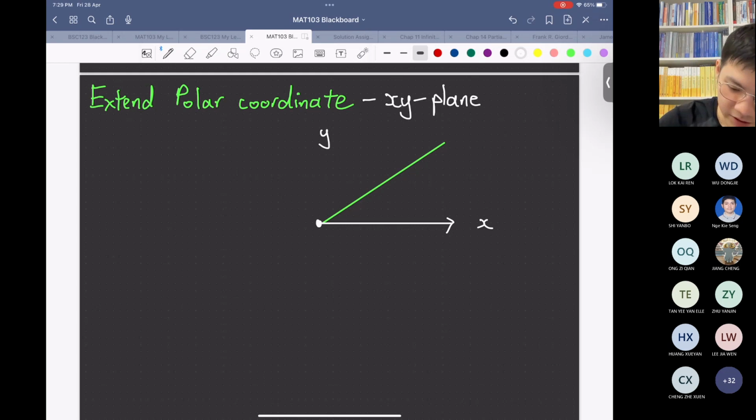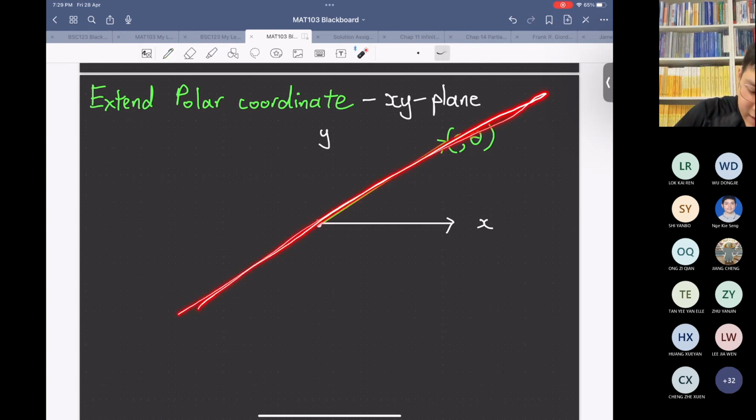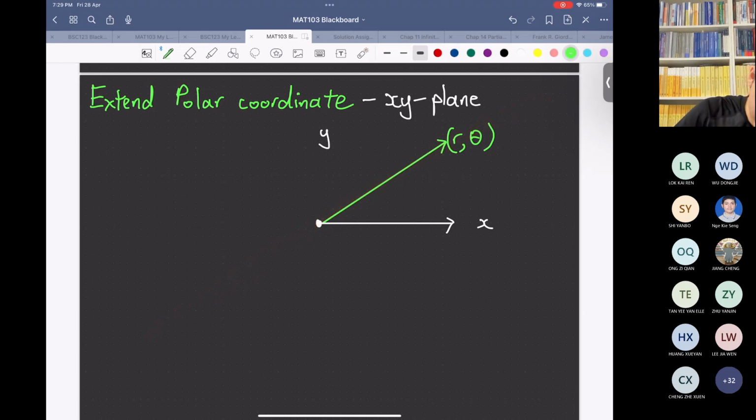So let's say this point is (r, theta) now. We describe it as (r, theta). So what do we mean by minus r? You can see that this line extends. Then we define minus r, which goes in the other direction, and the angle here should be pi.